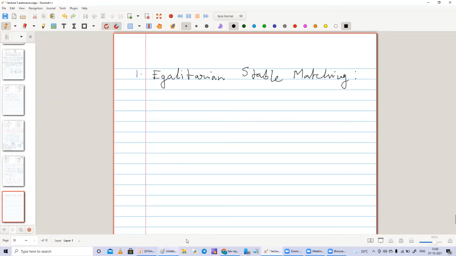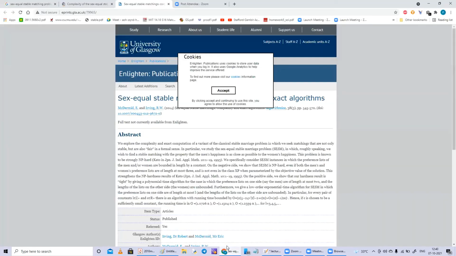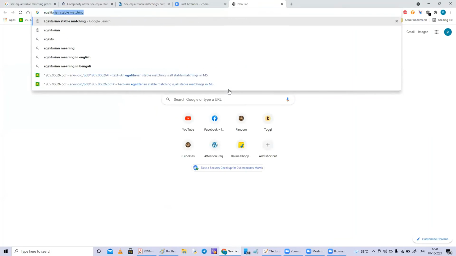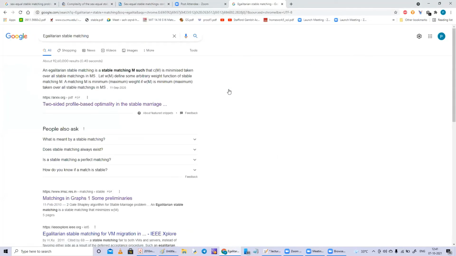Egalitarian? I'll just check the spelling of it. Yeah, the spelling is correct.